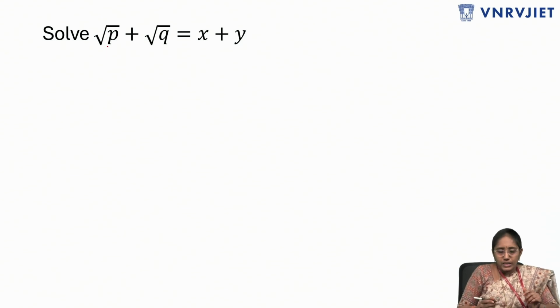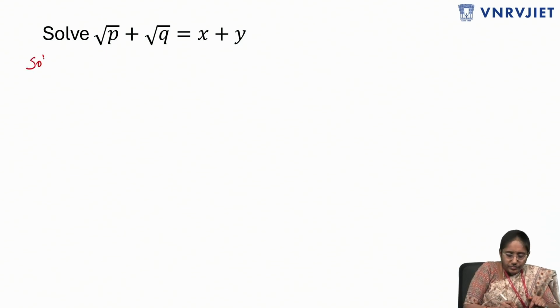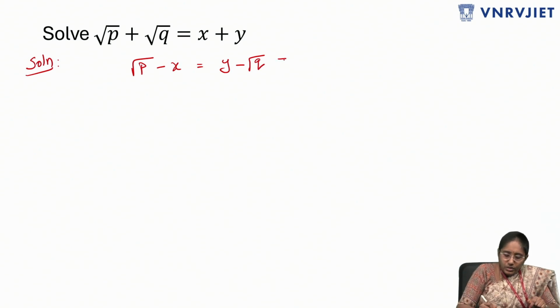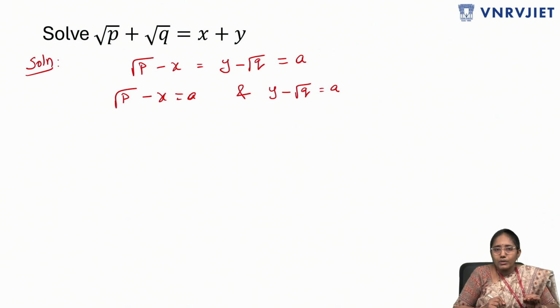Here we can easily rewrite it: root p minus x is equal to y minus root q. Equate this to some arbitrary constant a. Now equate each term: root p minus x is equal to a and y minus root q is equal to a. From these two equations, find the values of p and q.